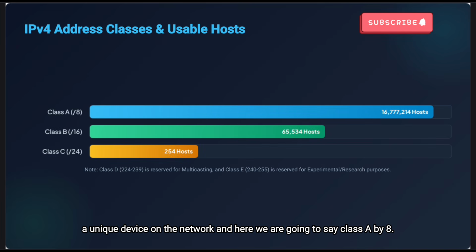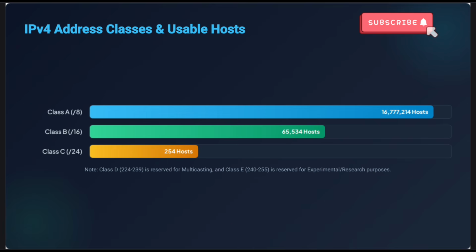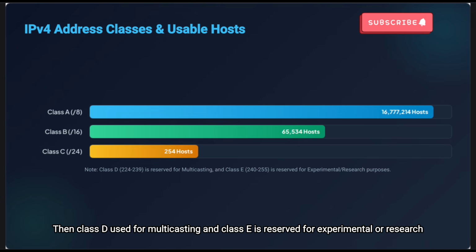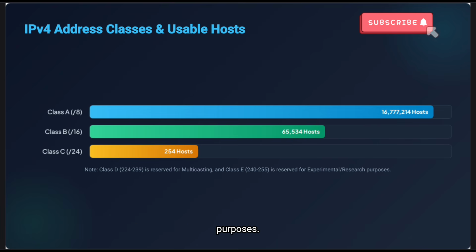Here we see class A with 8 bits for network and 24 bits for host. This is the representation of all classes: class A, class B, class C, class D. Class D is used for multicasting, and class E is reserved for experimental or research purposes.